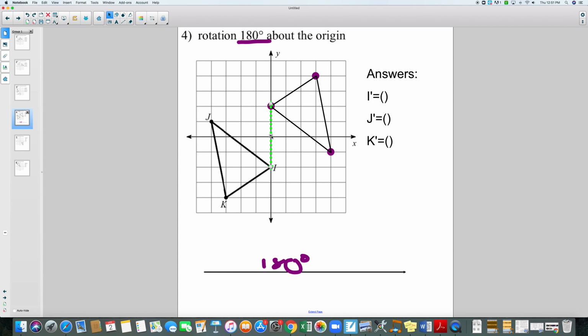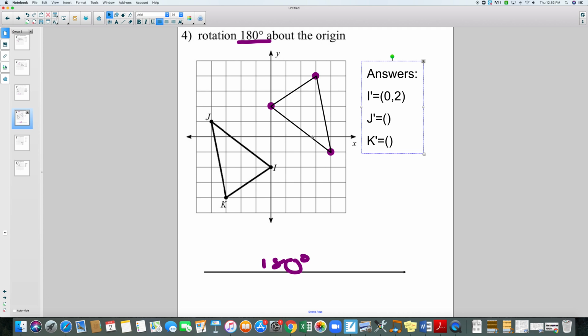For right now, let's figure out our coordinates. For I prime, originally we were 0, -2. Now we're 0 and 2. For j, we were originally -4, +1.